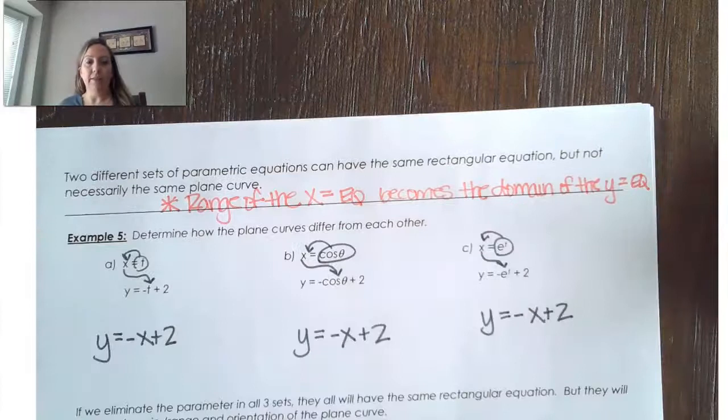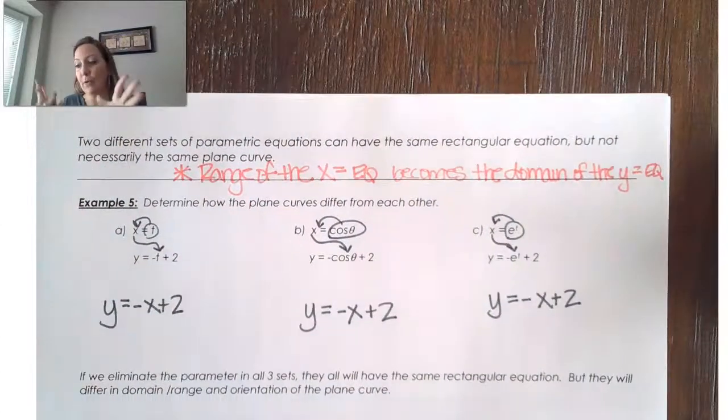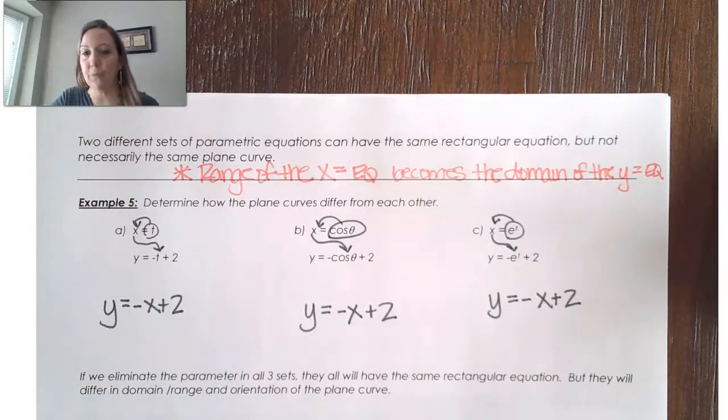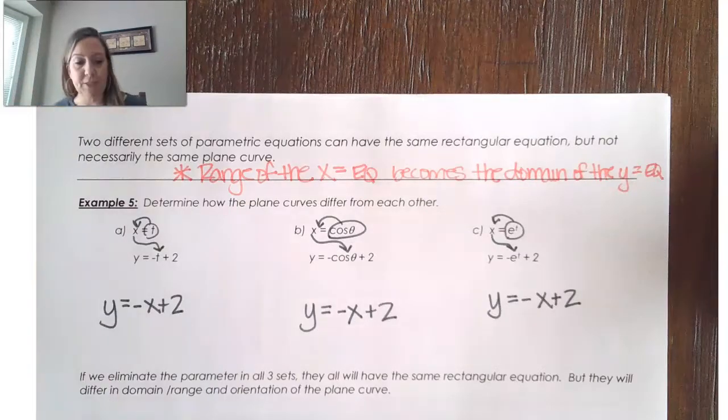Because that's our output, and it's now becoming the input of the other one. That's why the range of the x equals equation becomes the domain of the y equals equation.